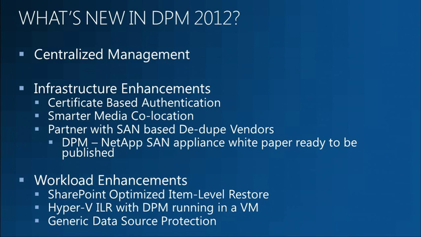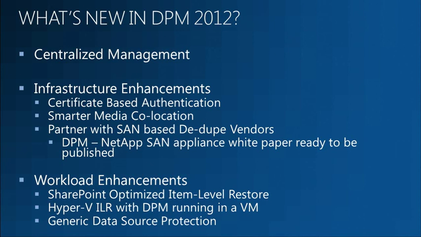So let's talk about what's new in 2012. Thanks, Rob. So the key feature in DPM 2012 is centralized management. I know that many of you have a DPM deployment, having 3 DPM servers, 4 DPM servers, and looking at, hey, can I go to 10, 20, 30 DPM servers?